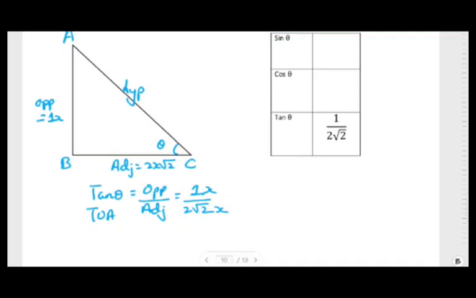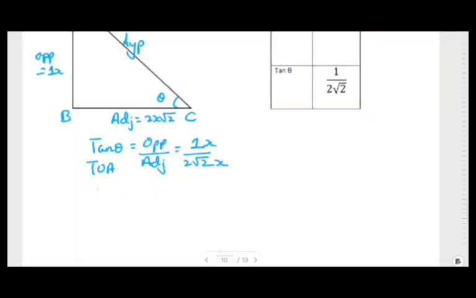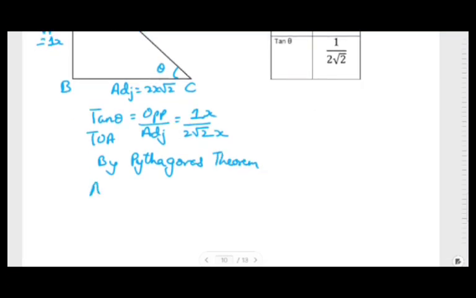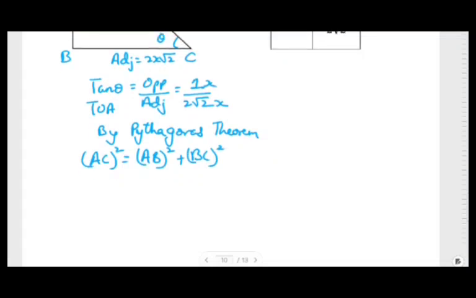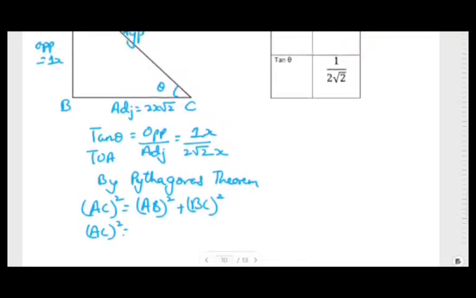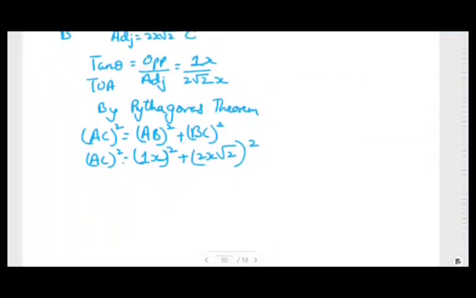By Pythagoras theorem, AC the whole square is equal to AB the whole square plus BC the whole square. AC not given. AB is 1x square. BC is 2x root 2 the whole square.